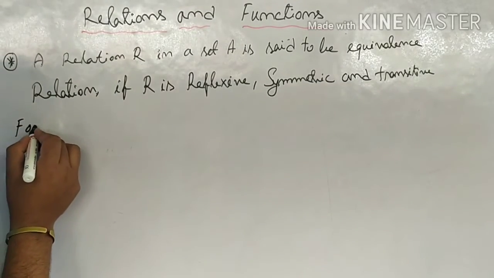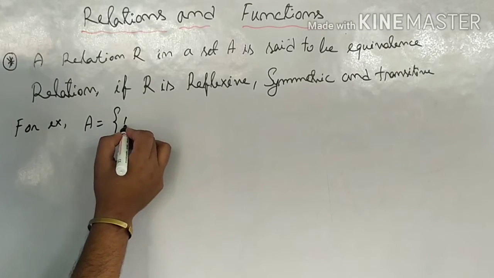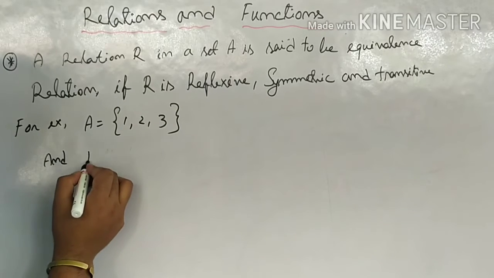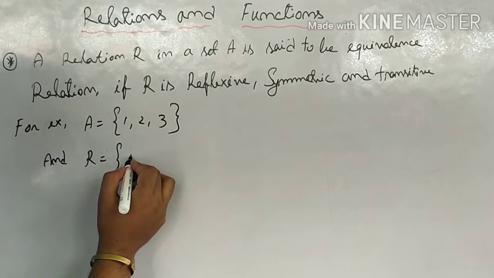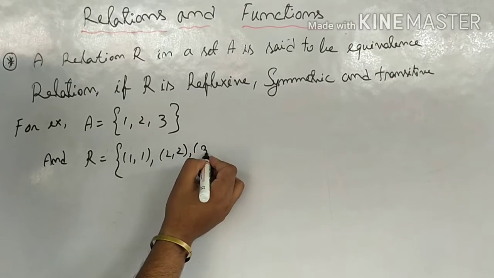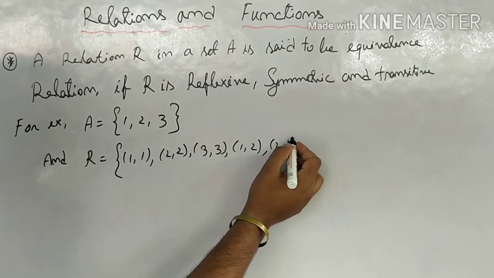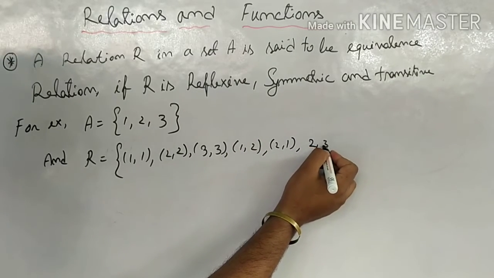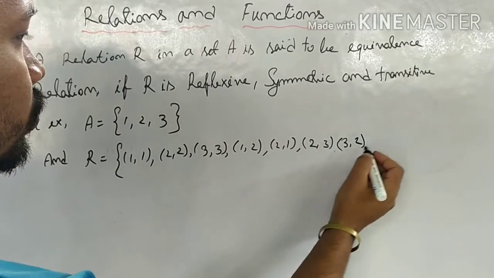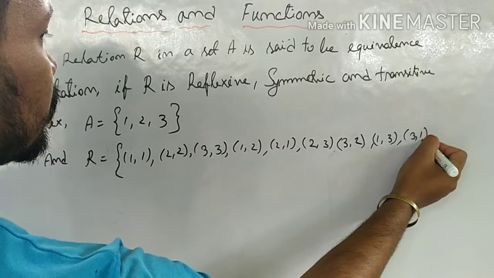For example, if A equals {1, 2, 3} and R equals {(1, 1), (2, 2), (3, 3), (1, 2), (2, 1), (2, 3), (3, 2), (1, 3), (3, 1)}.